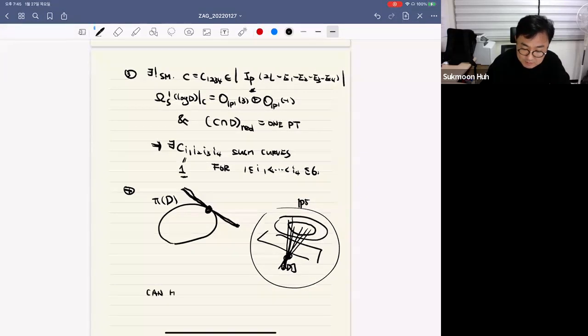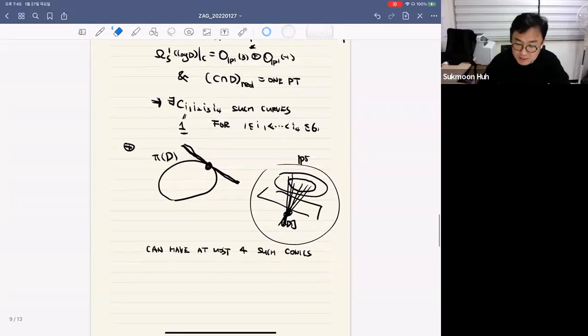So that means we can have at most 4 such conics. By such, I mean the intersection with this fixed conic D is just 1 point with multiplicity 4.